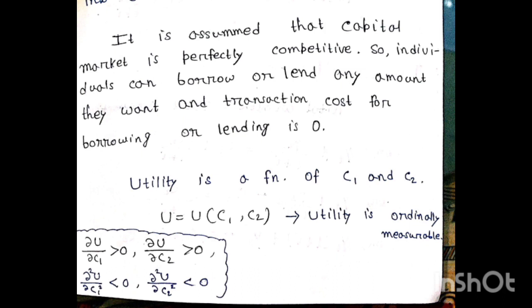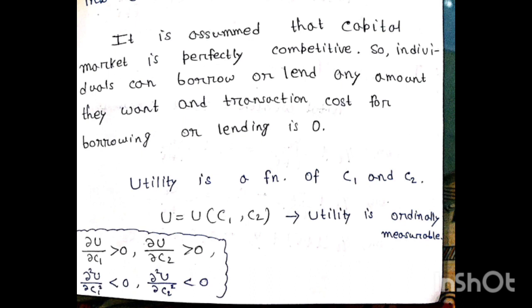We are assuming here that the utility function is ordinally measurable. If it is, then the first order derivative of the utility function with respect to C1 and C2 is positive, and the second order derivative with respect to C1 and C2 is negative, according to the law of diminishing marginal utility. We are also assuming that the capital market is perfectly competitive.